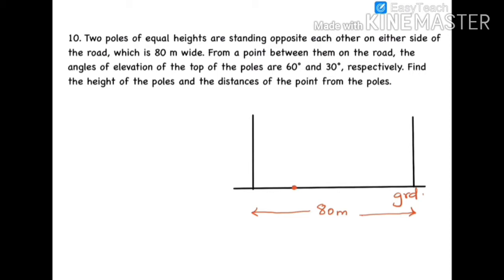This means that we have to join this point to the top of these poles. Compare the two angles and see. This angle appears to be smaller, so this has to be marked as 30 degrees and this will be marked as 60 degrees. Label this figure to get triangle ABC and triangle AED, which are right angled triangles.